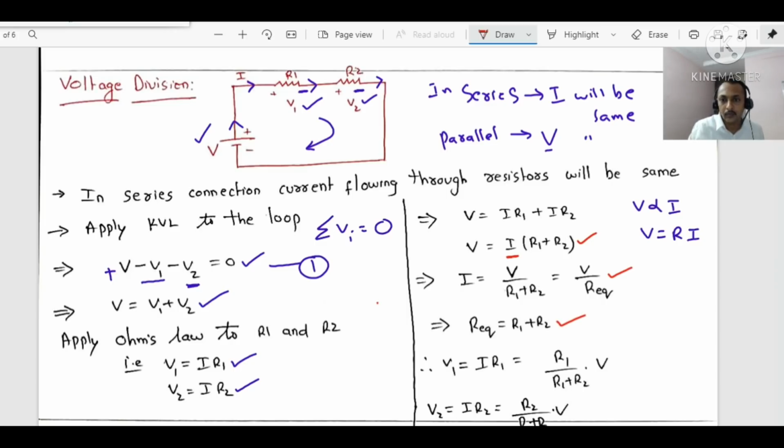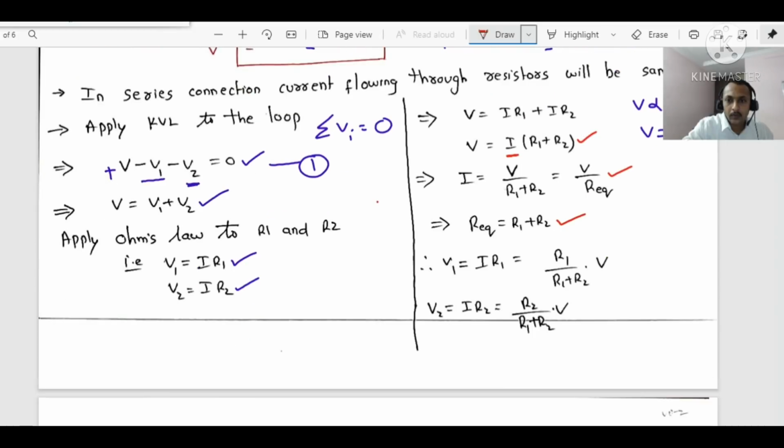Very important. Now see here, V1 will be how much? I into R1. But just now we have found I equal to V divided by R1 plus R2. Just simply substitute that one: V divided by R1 plus R2, into R1.